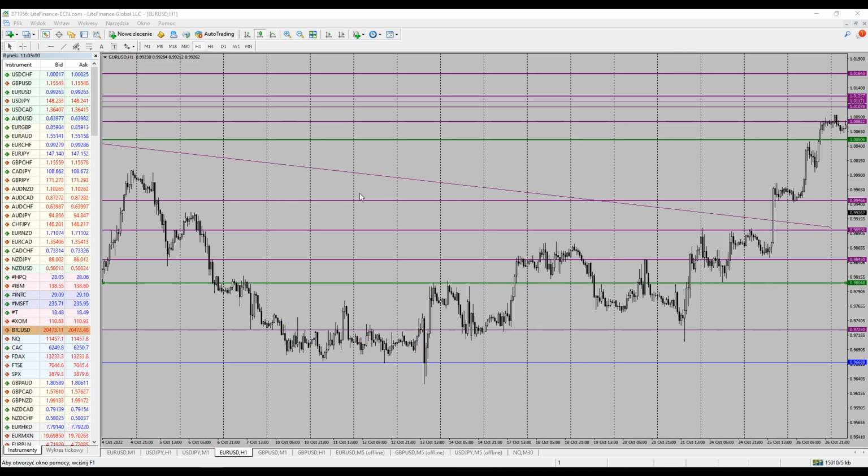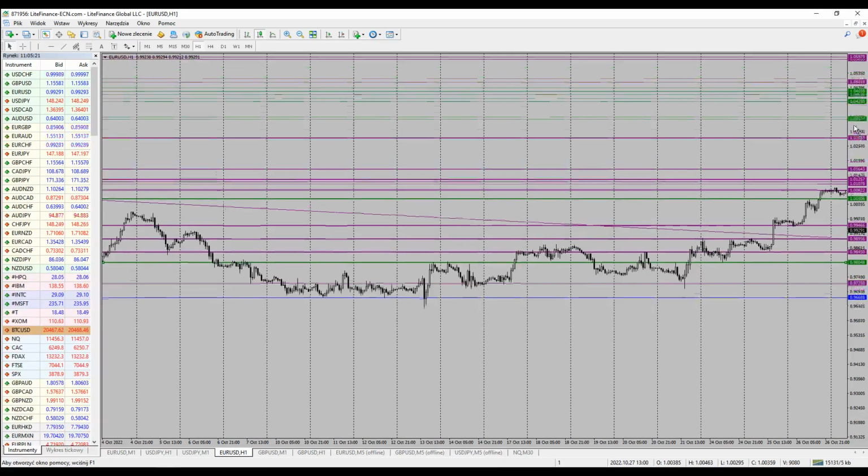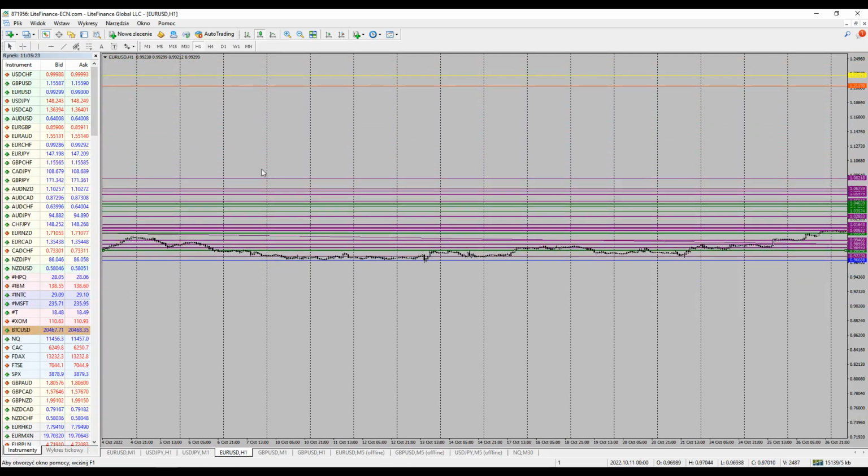That's very important. The green here is the visual representation of the important levels based on my analysis on the daily chart. Then the rest, like purple.